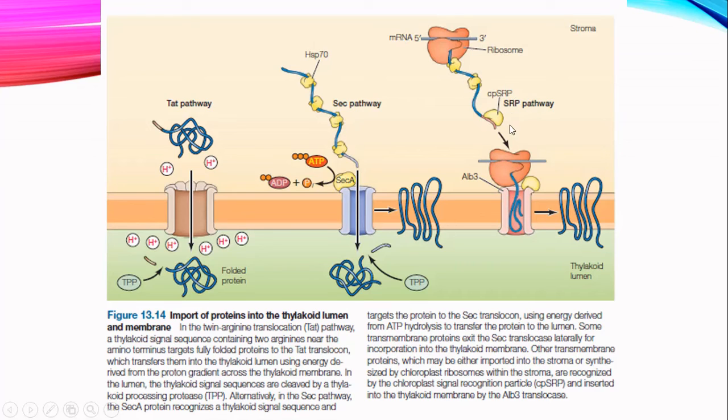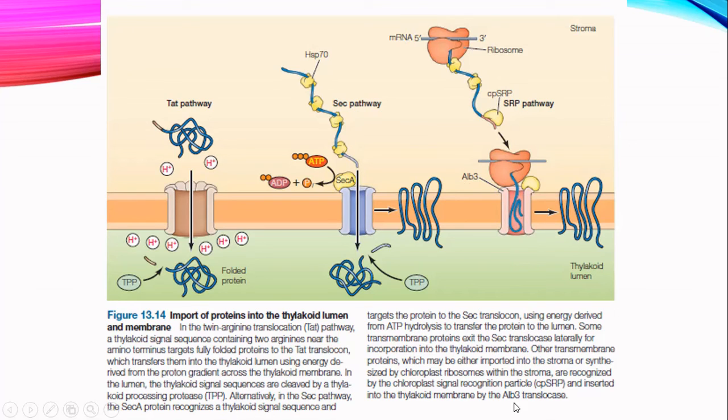So the cpSRP attaches itself to a certain end on the sequence, because it has recognition for it. Then it will lead to the pore or the channel, ALB3.